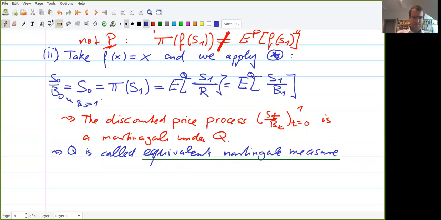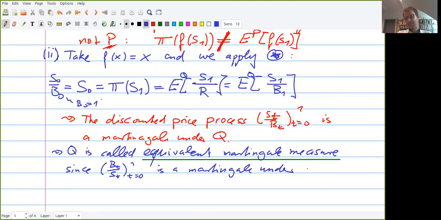Since B tilde T is a martingale under Q, and Q and P are equivalent. All right, so equivalent measures, to recall, means that they have the same null sets.